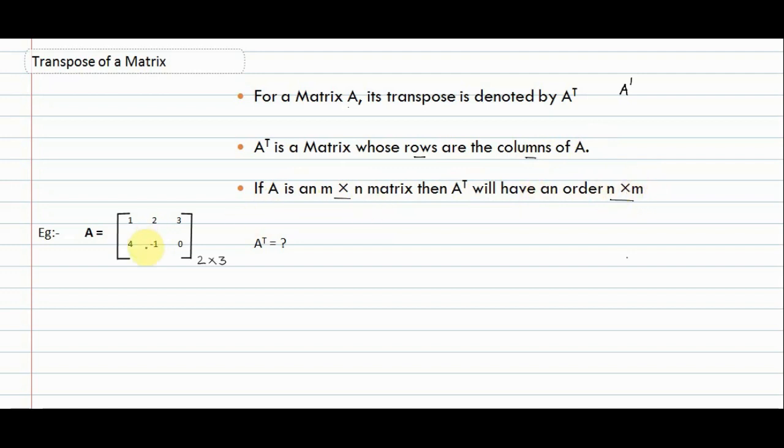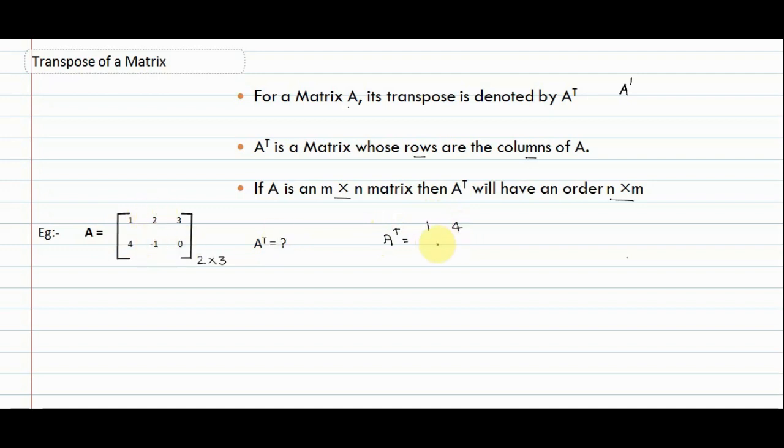Now let's see an example. Suppose our matrix A is equal to 1, 2, 3, 4, minus 1, 0. Then what will be A transpose? So in this case, the first row of A transpose will be equal to the first column of matrix A, that is 1, 4. 1, 4 will be the elements coming in row 1. Now row 2 of A transpose will be equal to column 2 of matrix A. So column 2 consists of elements 2 and minus 1.